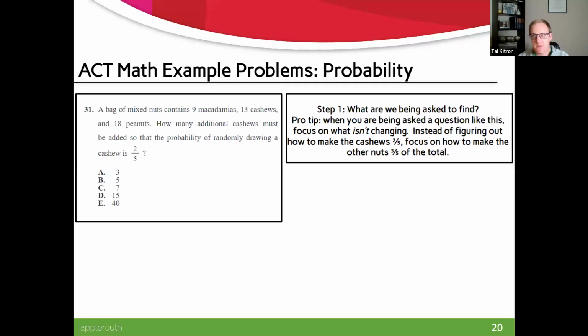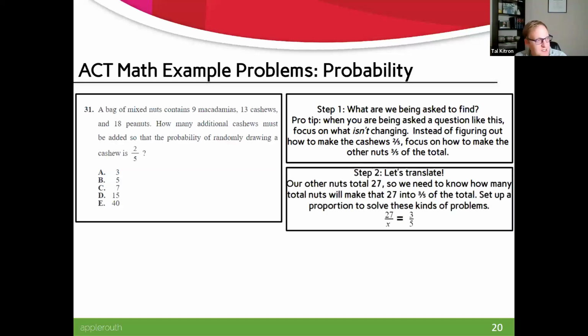I think this pro tip is actually pretty advanced, but unless we're going to use the answers and really carefully plug in to the numerator and denominator, which people will usually mess up, don't focus on the cashews because that's what's changing. Macadamias and peanuts aren't. So if we know we need the cashews to be 2/5, that means our final probability of the other nuts, macadamias and peanuts, has to be 3 out of 5.